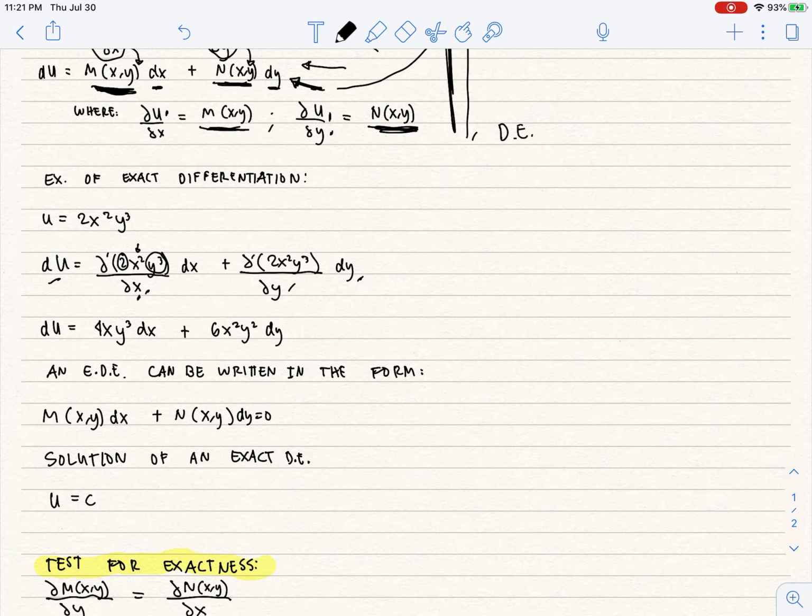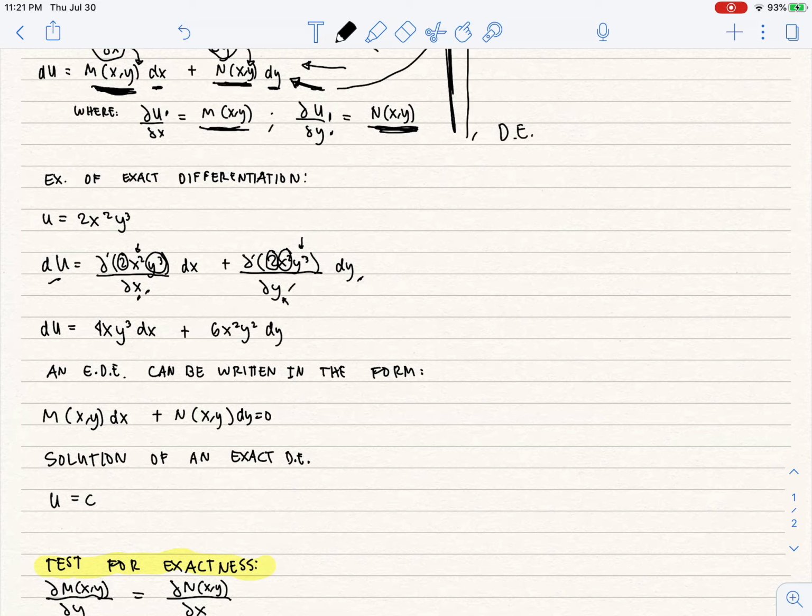The next is the partial derivative of 2x squared y cubed with respect to y. Here the 2 is a constant, and also x squared is a constant. So we only differentiate y.